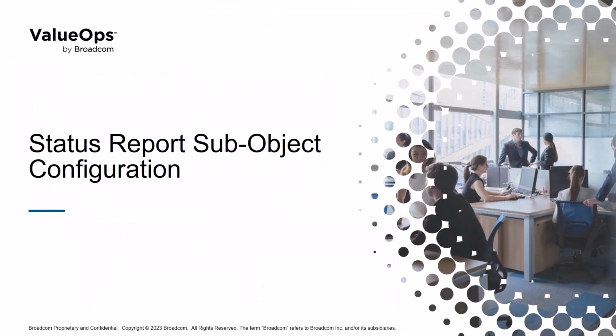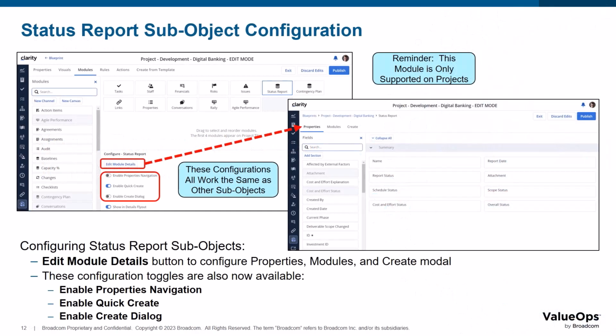Next, we'll take a look at some new configurations that are available for status report subobjects. The configurations that we're going to look at next apply to the old status report subobject, which is only available in the projects object.